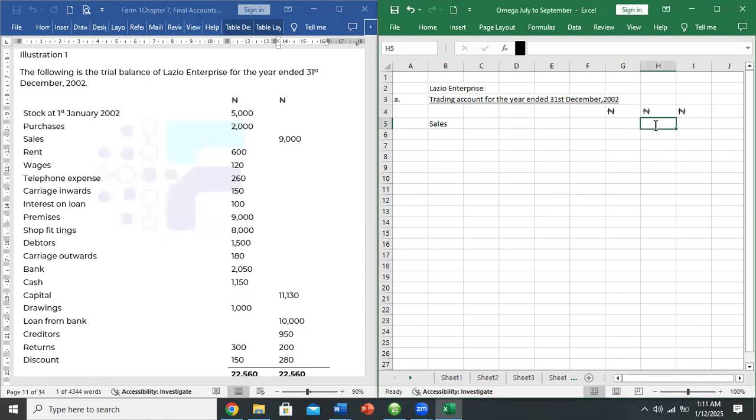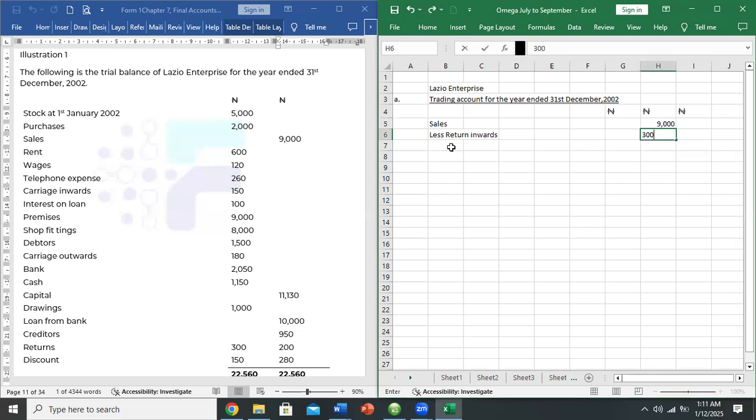So we put the sales 9,000 as you see here. Then we less return inwards, which is the one at the debit side, like she indicated.